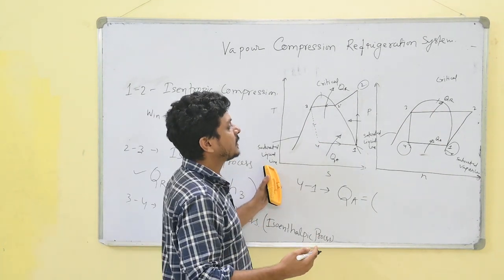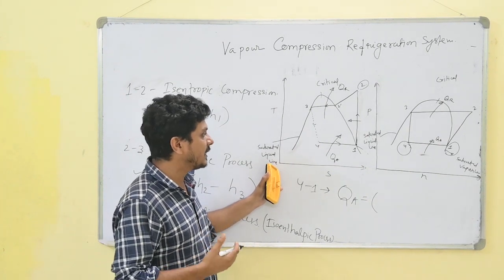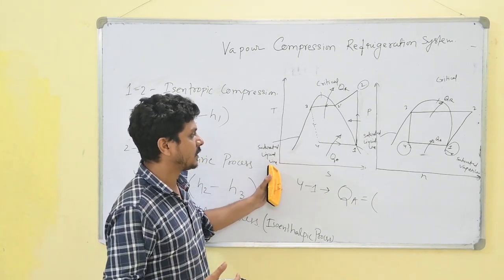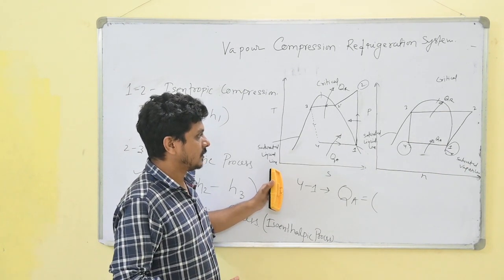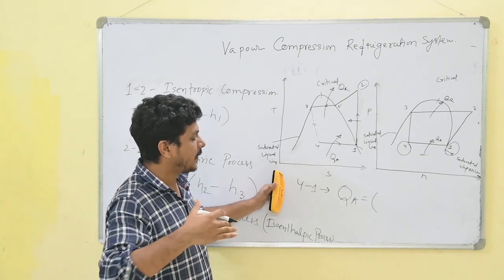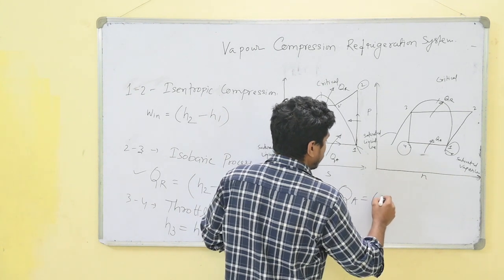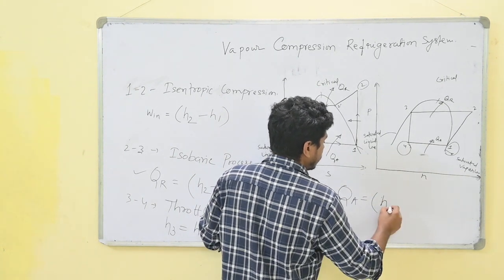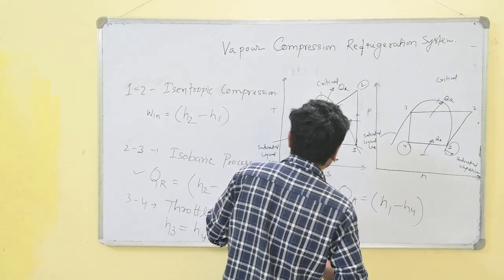The outlet enthalpy is greater than the inlet enthalpy, because here the refrigerant absorbs heat to convert liquid into vapor. That's why we write the desired effect like this: H1 minus H4 kilojoule per kg.